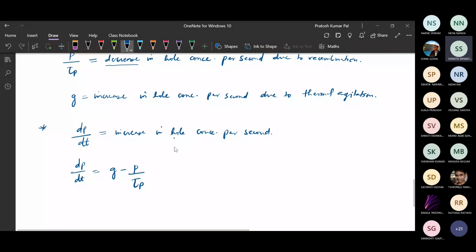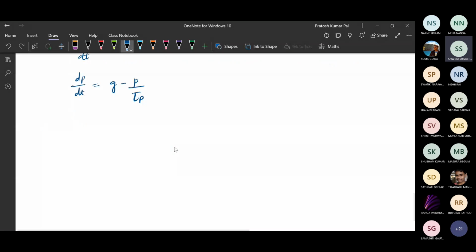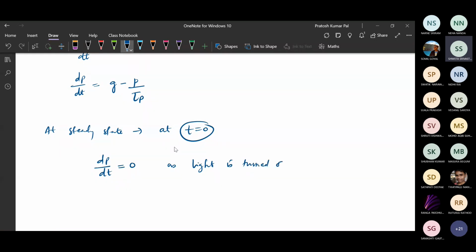Okay, that means at steady state, at t equals 0, this rate is going to be 0. That means the increase in the hole concentration is going to be 0 at t equals 0, because we have removed the thermal agitation, or we can call it that the light is turned off.